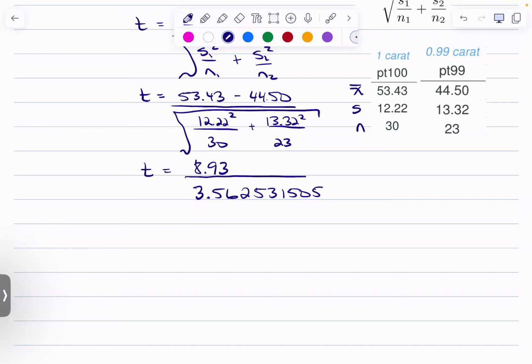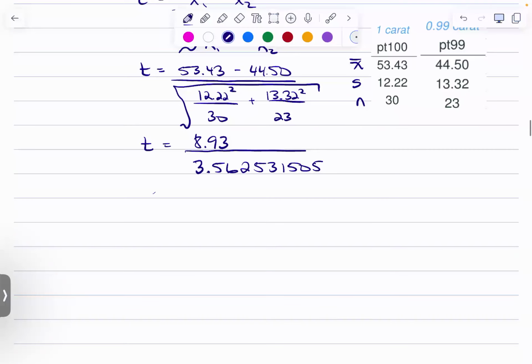Seems to be okay. All right, so 8.93 divided by that, I get a t of 2.50664499. Now, since we're using the t-table, it only has 3 decimal places for t, so that tells me I'm allowed to round to 3 decimal places.